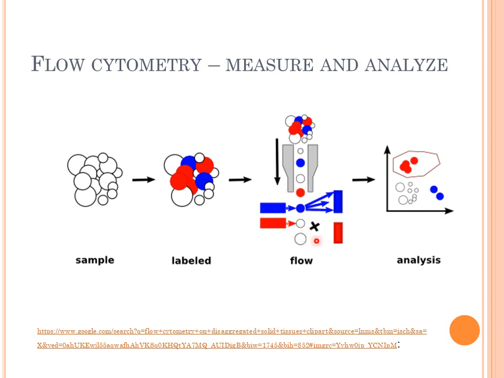Once we establish this single file flow of the cells, there'll be an aperture with a light shining through, and as that light goes through, it will detect fluorescence. And in order to detect the different types of fluorescence, we'll have to have different fluorescent molecules that were attached to the original antibodies, and we'll have to have detectors that are detecting fluorescence at the appropriate wavelengths.